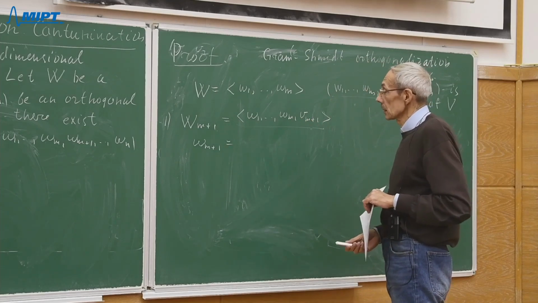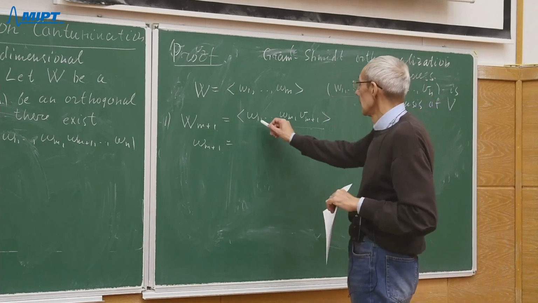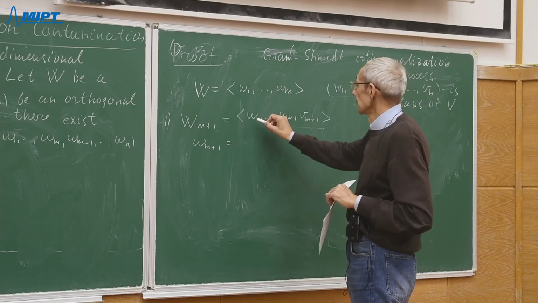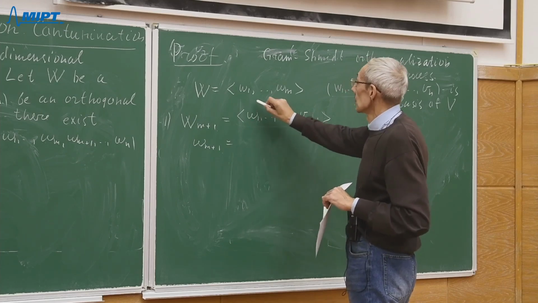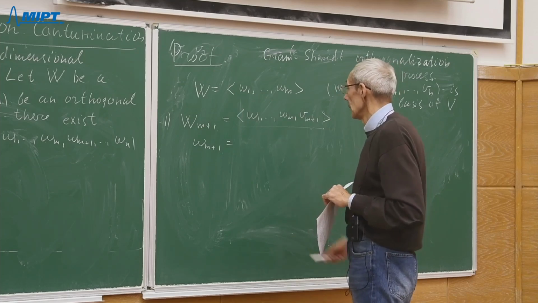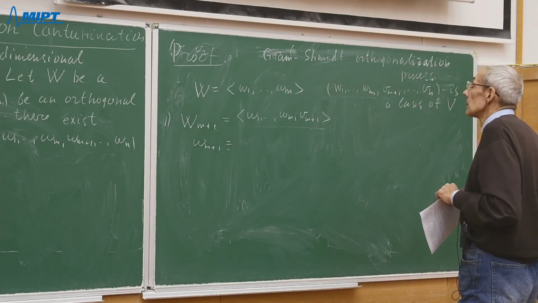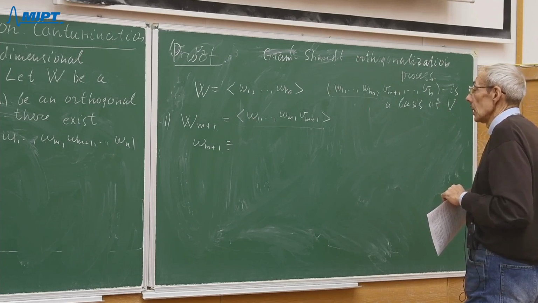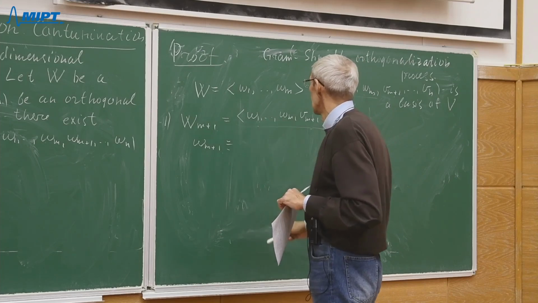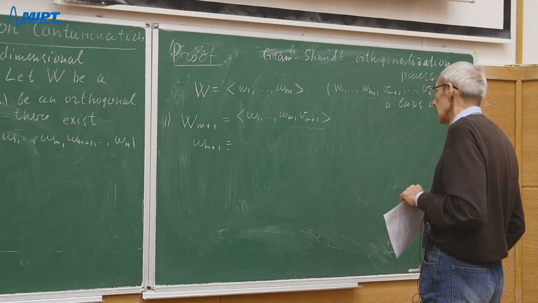And second condition, this vector is orthogonal to any vector of the generating subspace capital W. Namely, this vector is orthogonal to any vector Wi, where i runs over the labels from 1 to m.